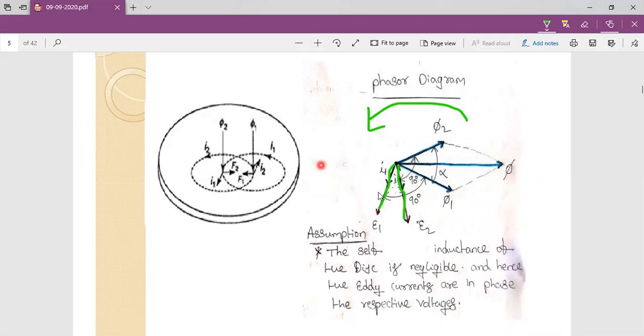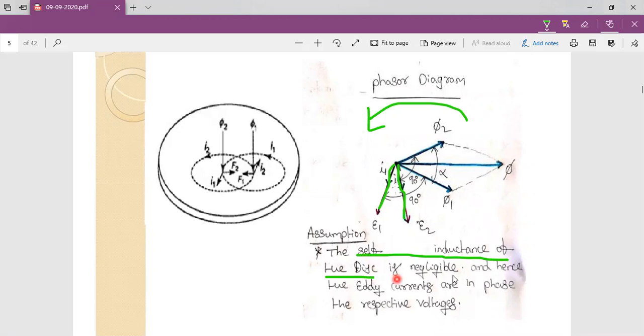Here, for simple calculation and a simple phasor diagram, we take one assumption: the self inductance of the disk is negligible.